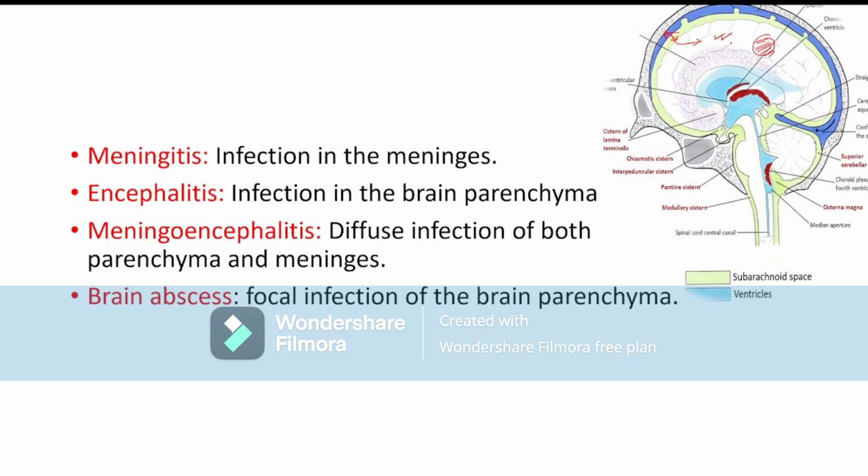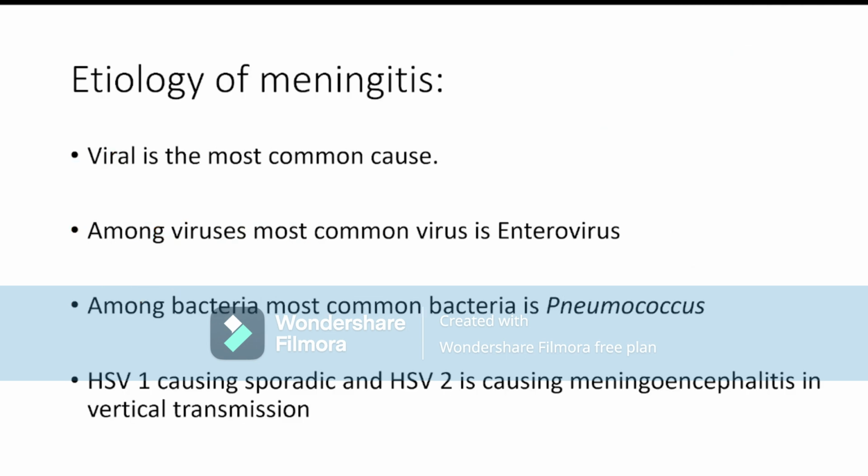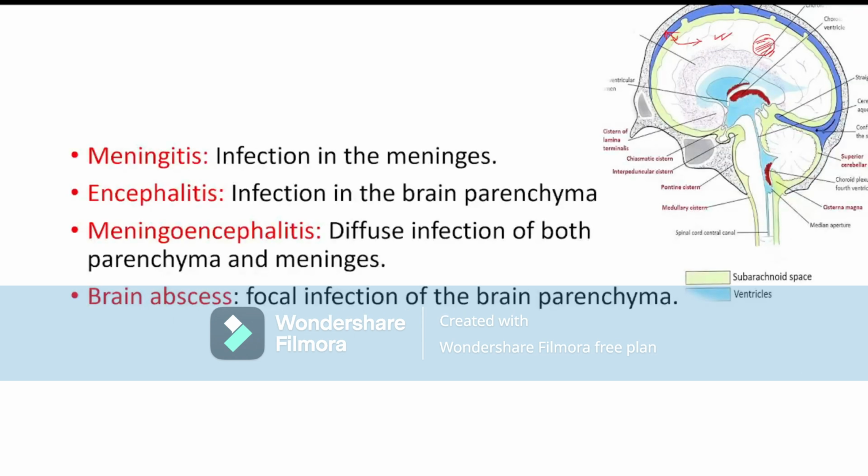Now come to the etiology of meningitis. But before this, we have to know the CSF circulation and where from the infection comes into the body. First, the CSF is produced by the choroid plexus of the brain parenchyma.